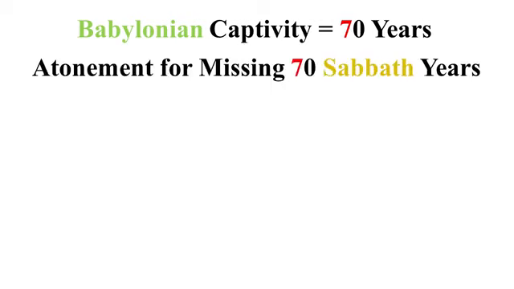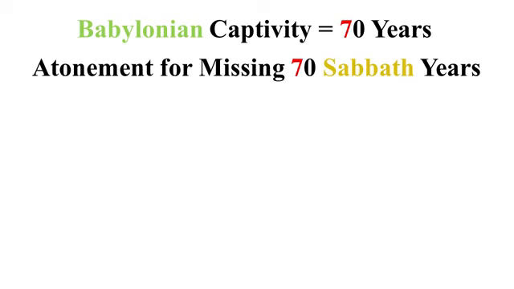Okay, so it was prophesied that he would send them away so the land could rest. He did send them away because they broke the rule, and they were taken away for 70 years. So their captivity was 70 years for missing 70 Sabbath years.